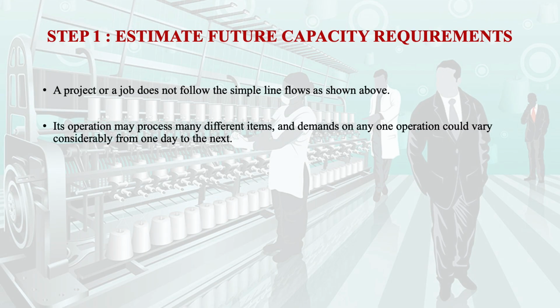Its operation may process many different items, and demands on any one operation could vary considerably from one day to the next. That means on one day it may process 5, another day it may process 25.